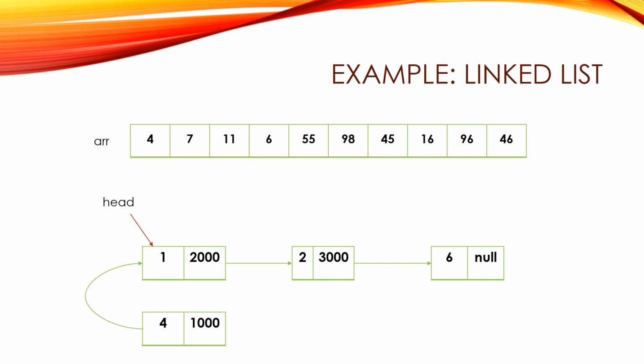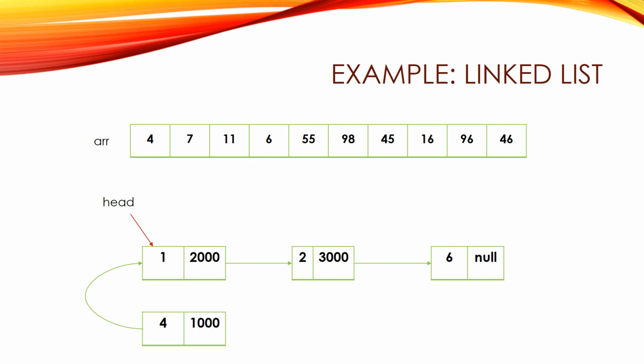So if we want to add one element in the beginning of the list, then that head pointer will be shifted towards the new element that is added, and suppose we have 1, so the address of 1 will be linked with element number 4. So this element will be connected in the beginning of the linked list.